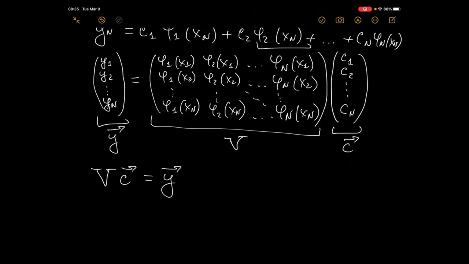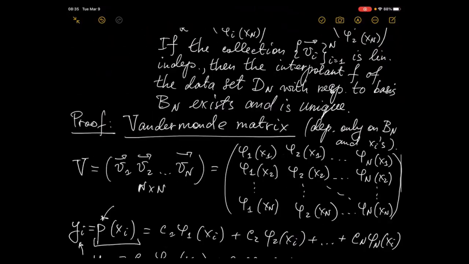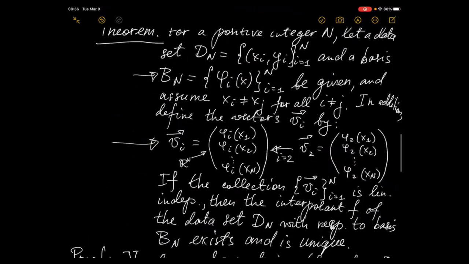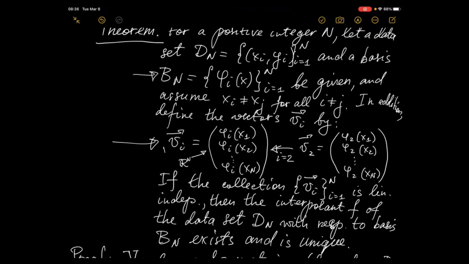But by assumption, our functions phi1, phi2 and so on are linearly independent. Then what does it mean? By assumption of the theorem, these column vectors are linearly independent.